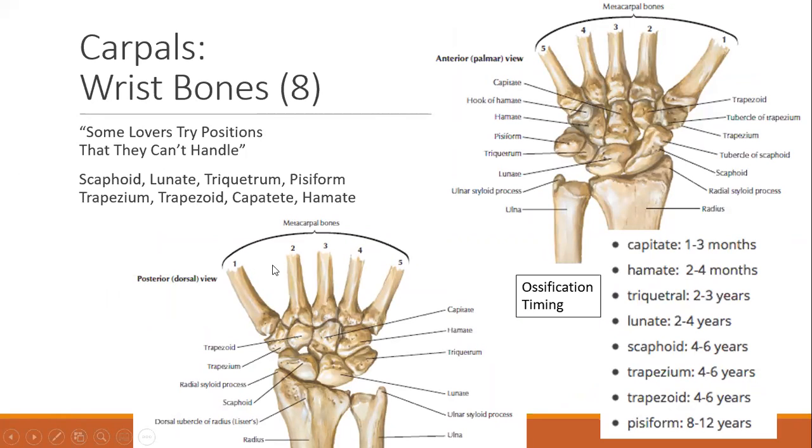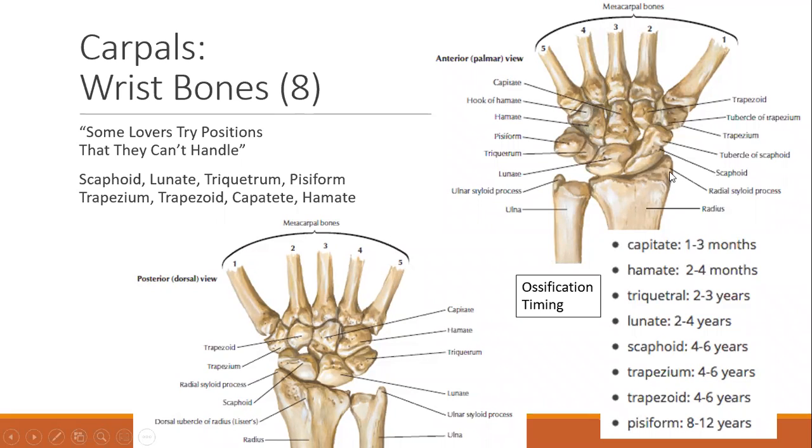So using this mnemonic, you can see how we have our scaphoid, our lunate, our triquetrum, our pisiform, and this is the proximal row of carpal bones. And then going distally, you have trapezium, trapezoid, capitate, and hamate with its hook.